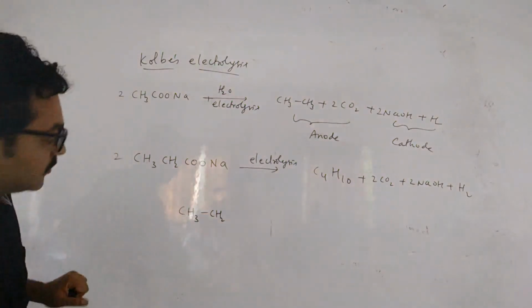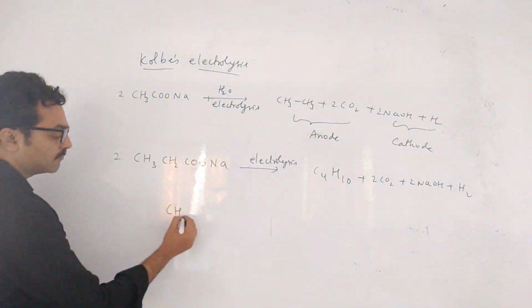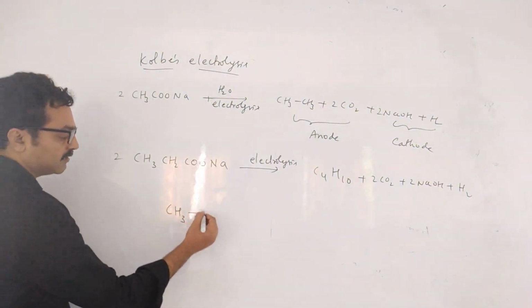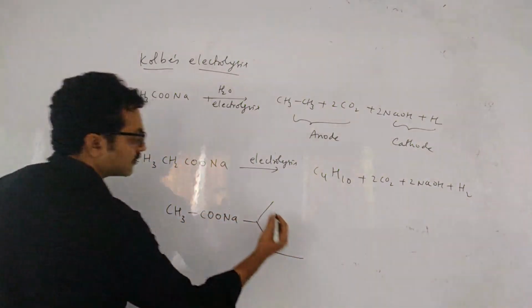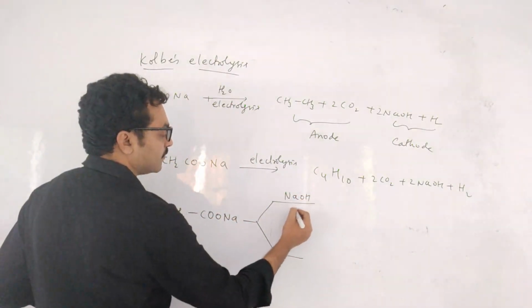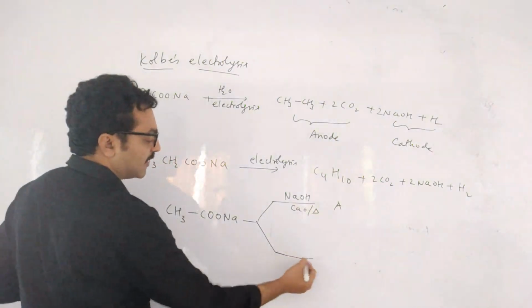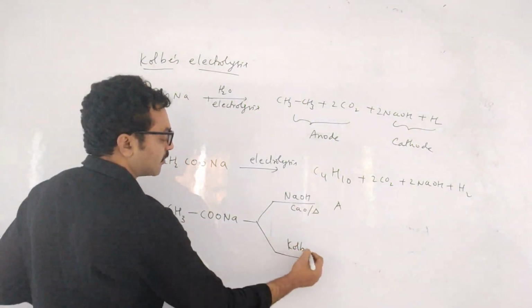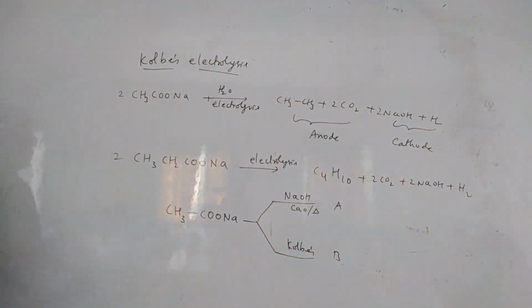They have given sodium acetate, and A and B. What are the products formed? See, this is your sodium acetate and they have given two ways. One is decarboxylation, children. A is formed. After that, Kolbe electrolysis, B is formed. What are A and B?